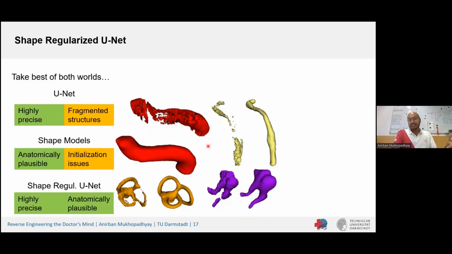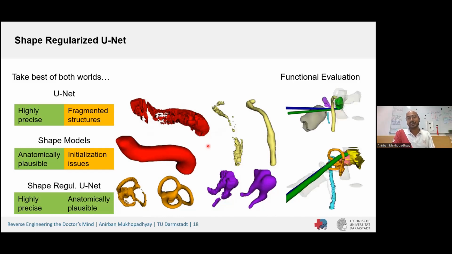But different from the typical approach of evaluating segmentation on segmentation accuracy, we actually evaluated it on the downstream tasks. And here the functional evaluation was about performing linear or nonlinear access for these different types of operations.